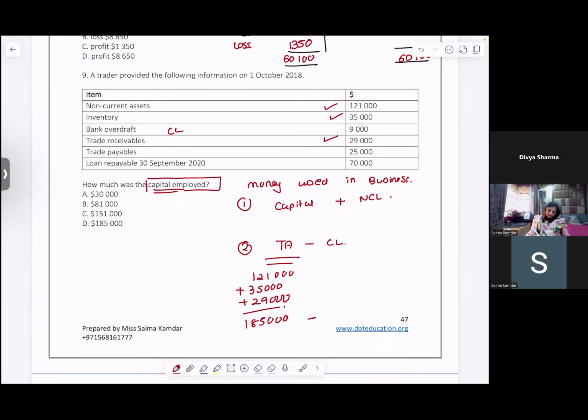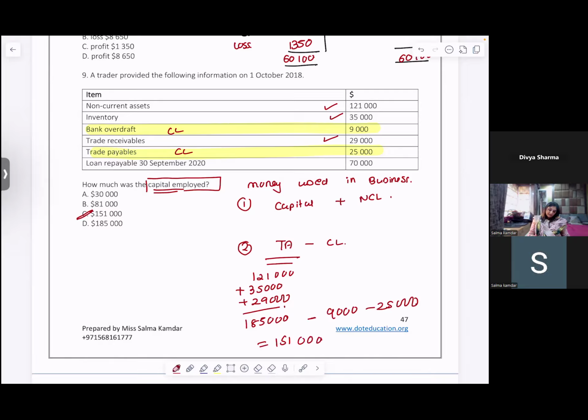I have two current liabilities: your trade payable, which is 25,000, and your bank overdraft. So minus 9,000 minus 25,000. So 151,000 is the capital. 151,000 is your capital.